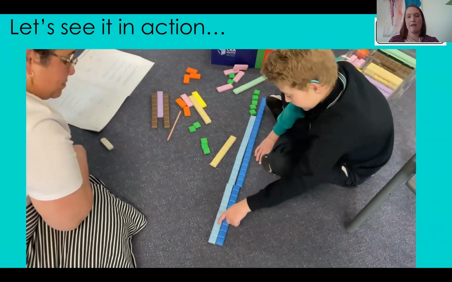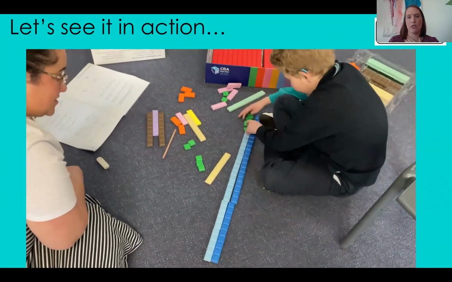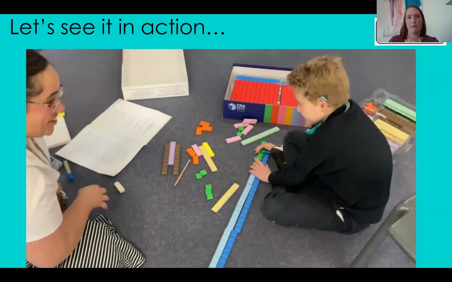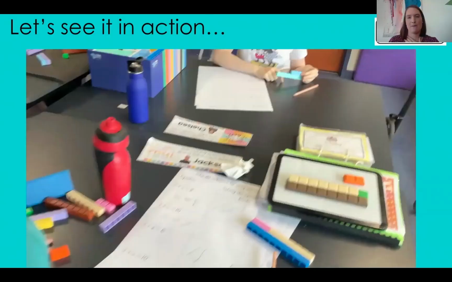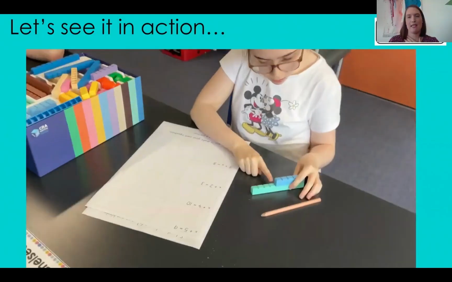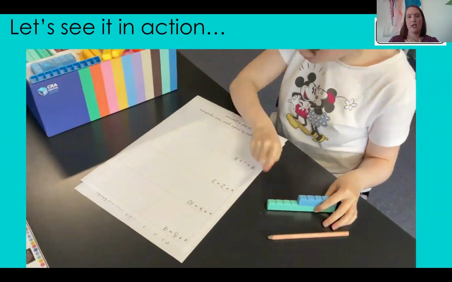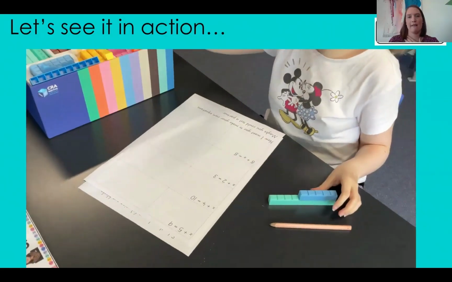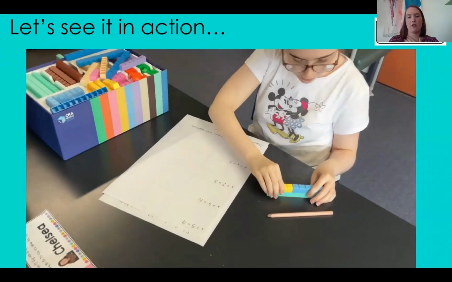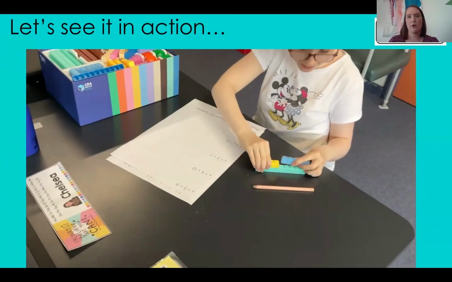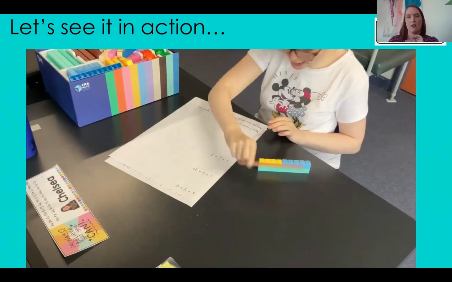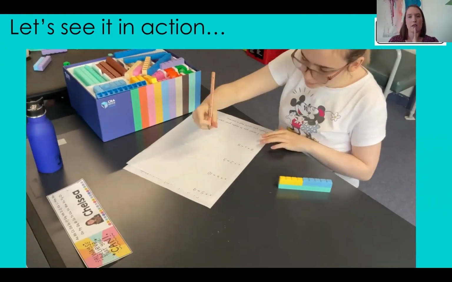So he's looking at how many 5s he needs to equal 30. And then there's some other students working, and they've got their own worksheets using the blocks.